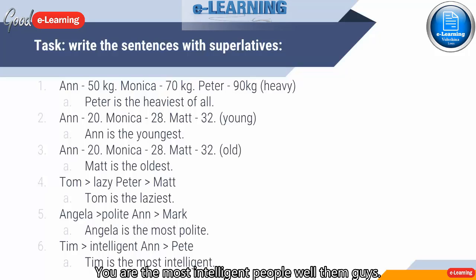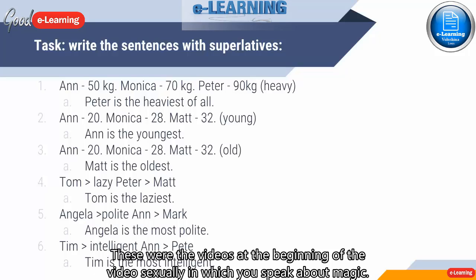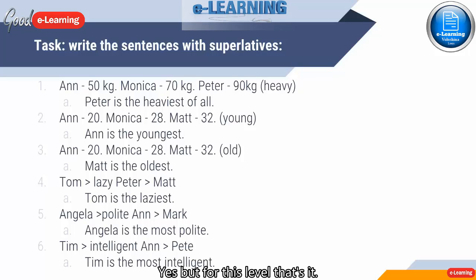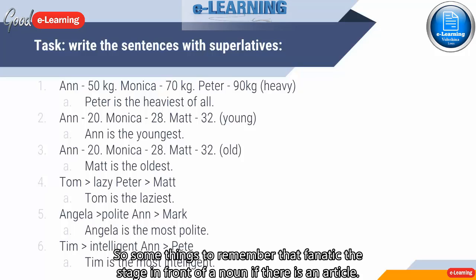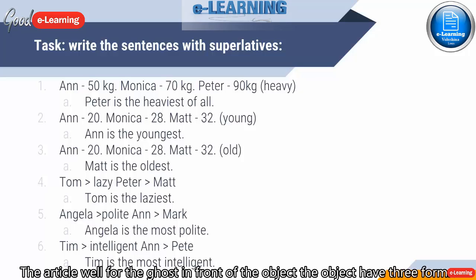Well done, guys. These were the videos, the beginning of the videos actually, in which we'll speak about adjectives, but for this level, that's it. So some things to remember. An adjective stays in front of a noun. If there is an article, the article, a, an, or the, goes in front of the adjective.